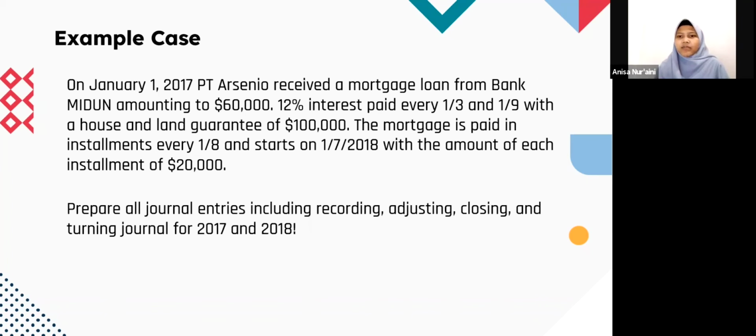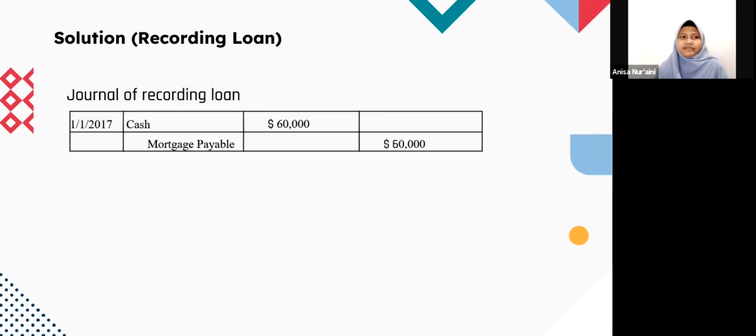The mortgage is paid in installments every 1st of August, starting from the 1st of July 2018, with the amount of each installment of $20,000. Prepare all journal entries, including recording, adjusting, closing, and turning journals for 2017 and 2018.